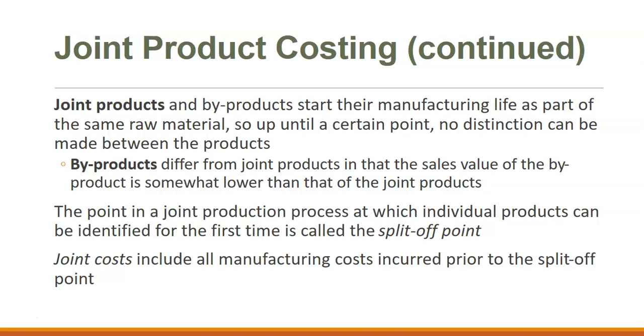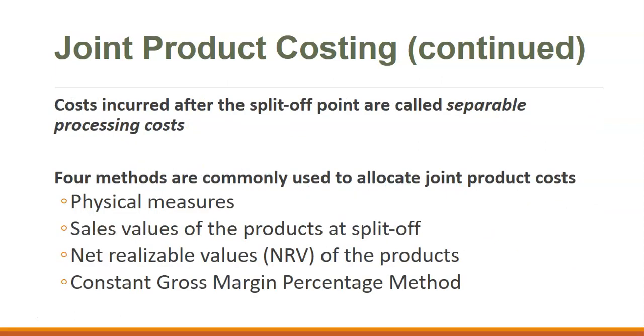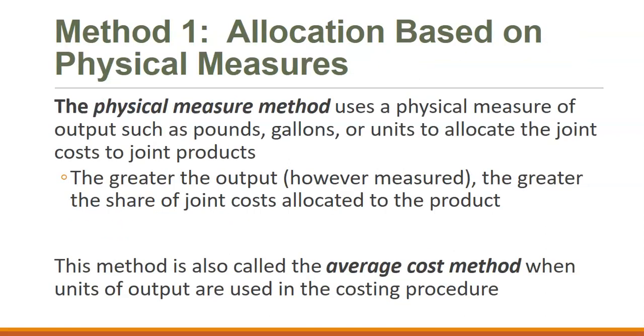There are multiple ways to calculate these joint costs and to make determinations about what we do after that split off point. So we have 4 methods to allocate joint product costs: physical measures, sales values of the products that split off, the net realizable value of the products, and the constant gross margin percentage method.